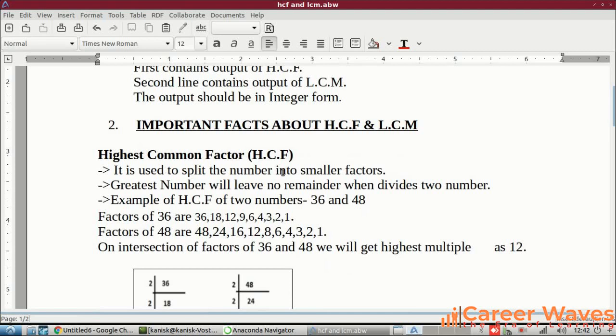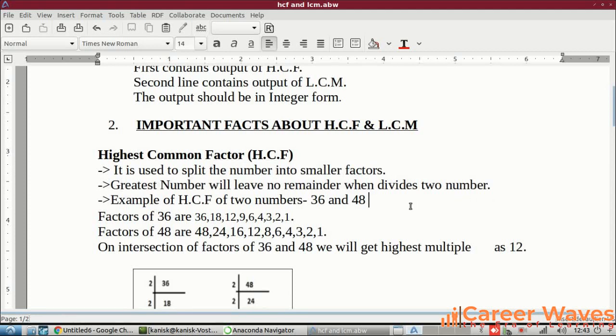So what we will do is divide it by a number which completely divides that number, and we will make it into fragments. So the greatest number will leave no remainder when it divides the two numbers. This is the basic condition of HCF.